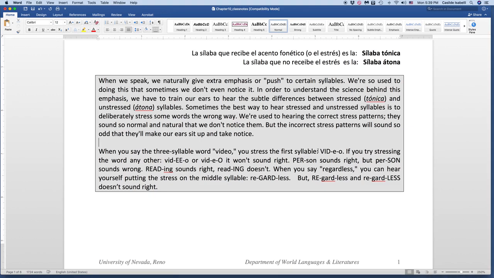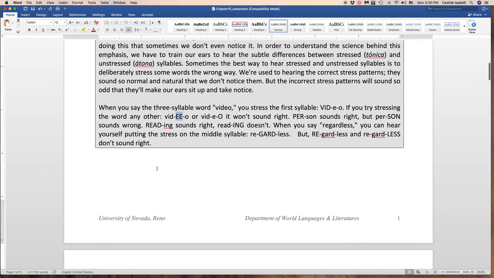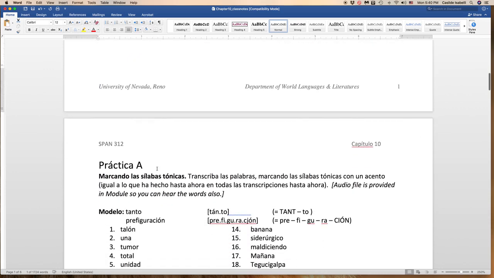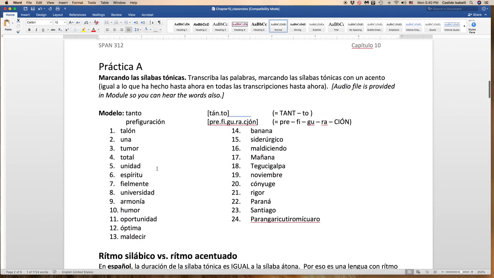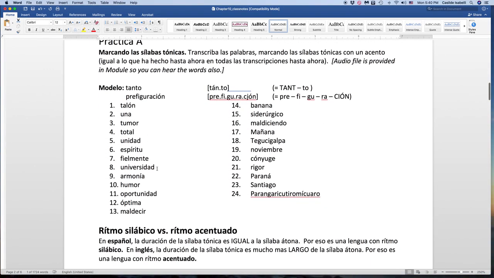When you say regardless, you can hear yourself putting the stress on the middle syllable: reGARDless, but REgardless and regardLESS don't sound right. Let me correct that. So what you see here are all these capital letters marking the syllable that's stressed. Why is this important? We'll get to that soon.